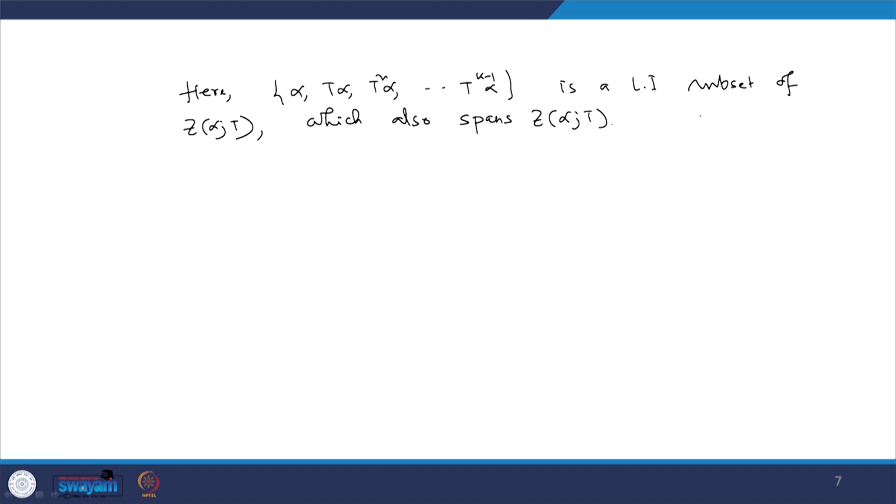So, this one also I am giving as homework, you can check that this is a basis for the subspace Z(alpha; T).